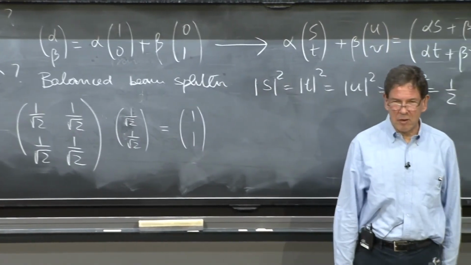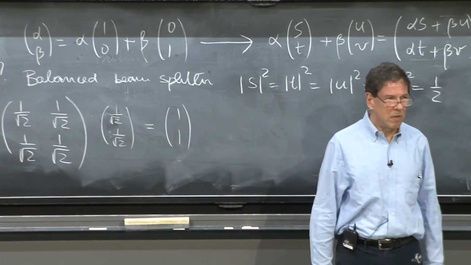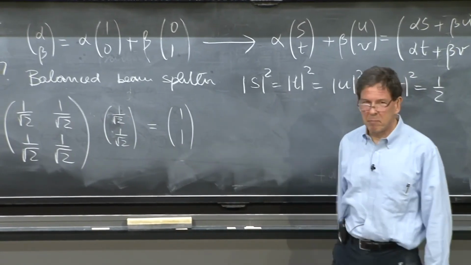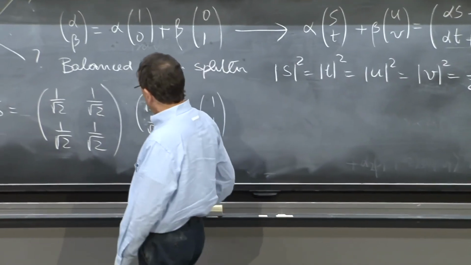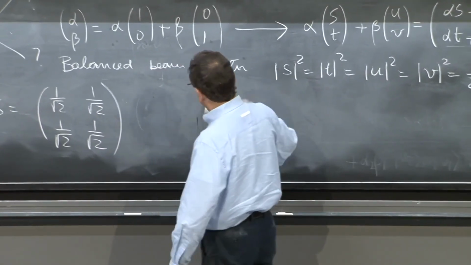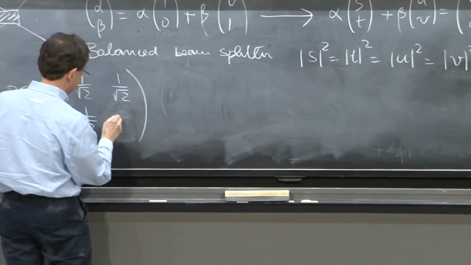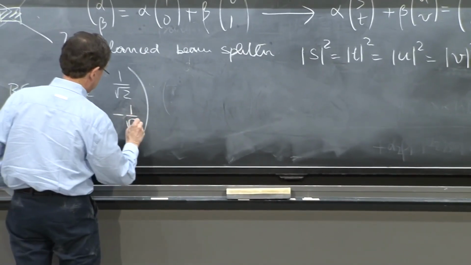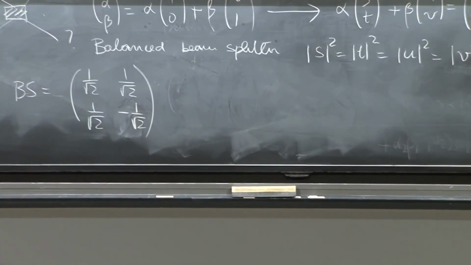Sorry, this is not normalized. 1 squared plus 1 squared is 2, not 1. So this can't be a beam splitter. No way. So we try minus 1 over square root of 2. Actually, if you try this for a few examples, it will work.